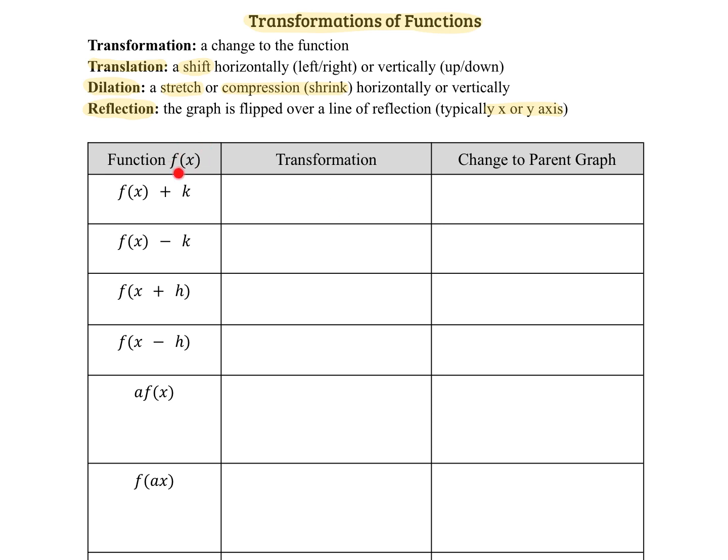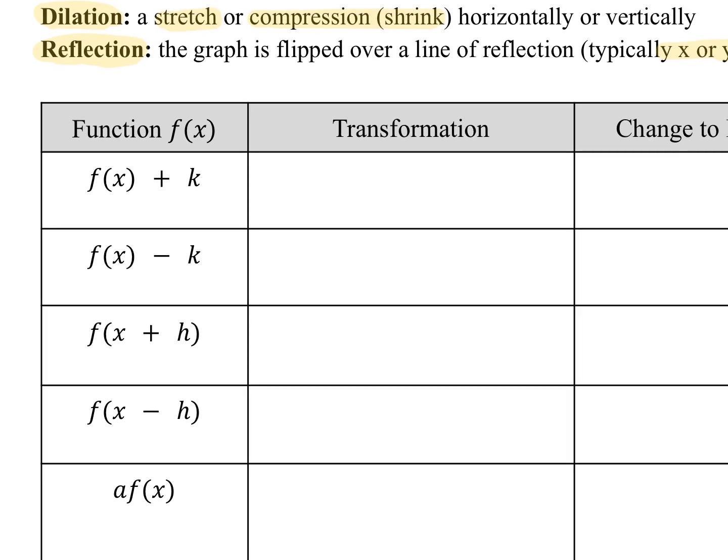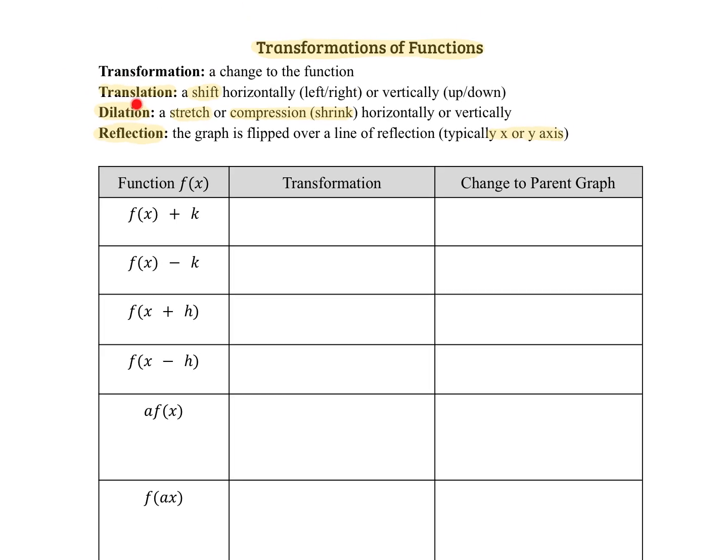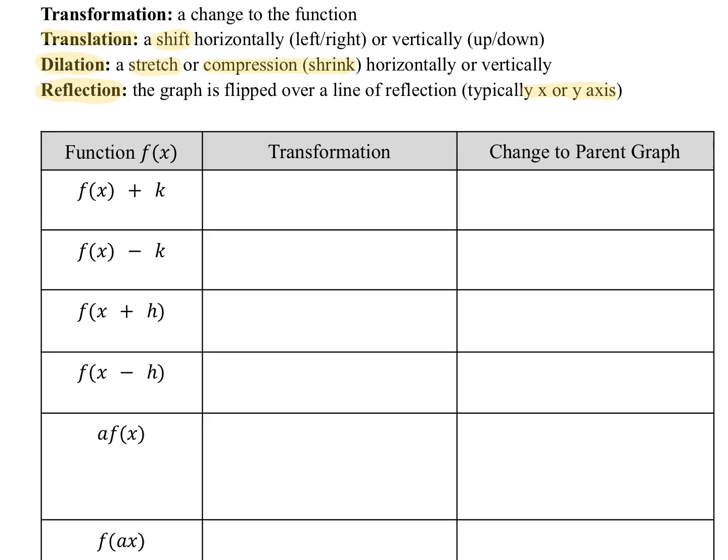So first, let's just assume we're working with this function called f of x. Notice here, I'm adding some value, which I'm calling k, outside of our function. Anytime you are adding or subtracting, which you can see with these first four, it is always going to be a translation. Always, always, always. So all four of these are going to be translations.